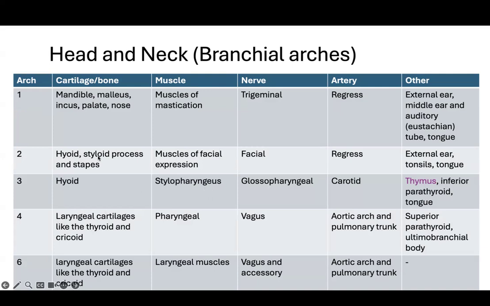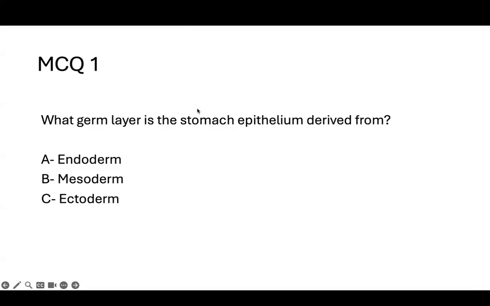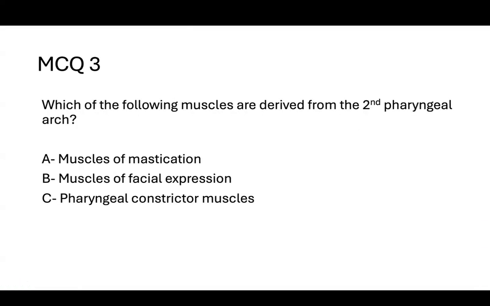I'm going to double check this because I don't want to misguide anyone. Other than that, do we have any other questions while I check the answer to the pharyngeal constrictor muscles?